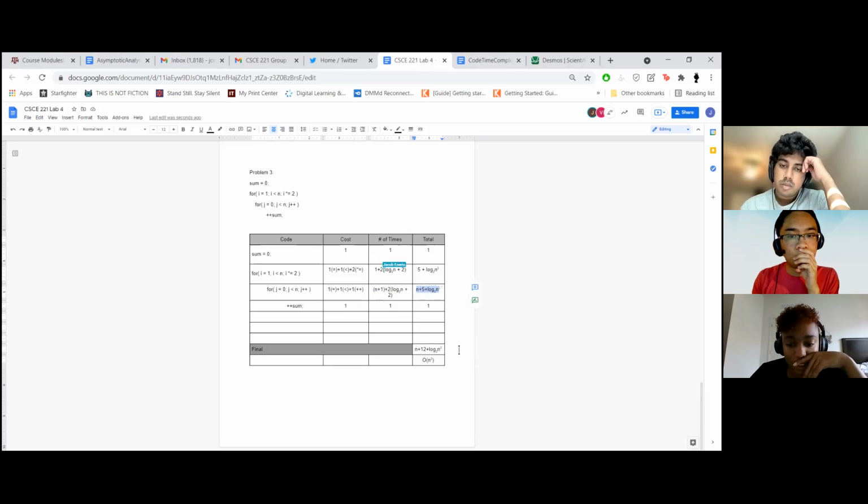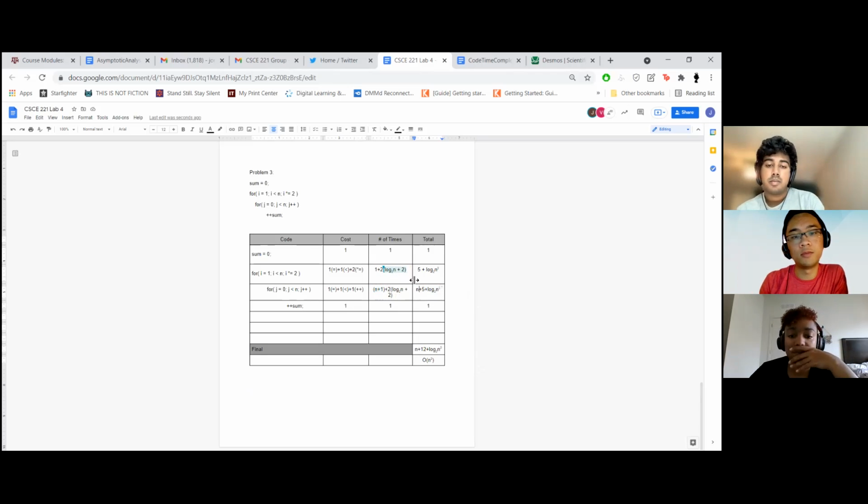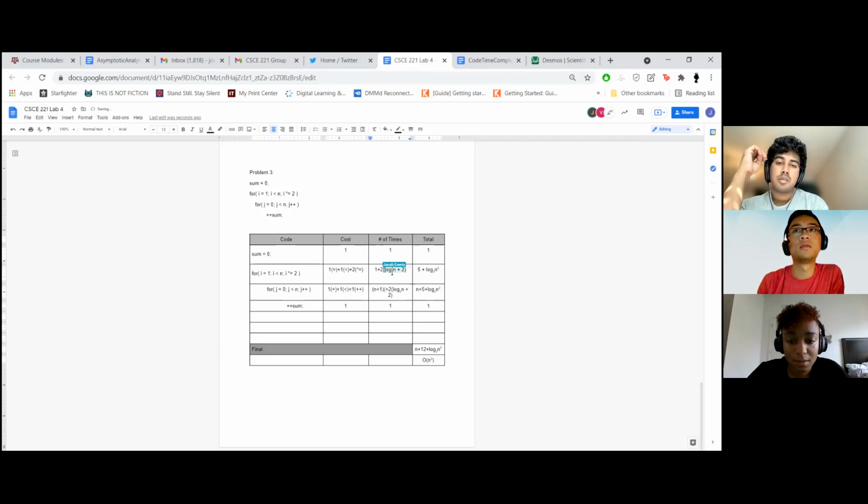Are you talking about at the bottom? At the n plus 1, aren't we running it log 2 n times plus 2 as well? Because this just counts for this loop, but we're also running this loop outside, right? Oh, you mean multiply this and run this amount of times. Yeah, because that's how many times we're running it.